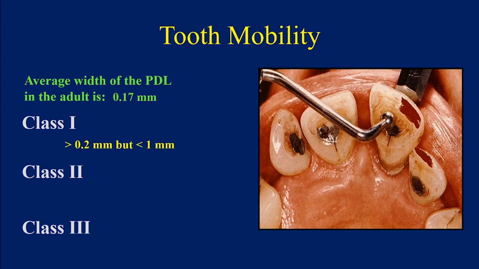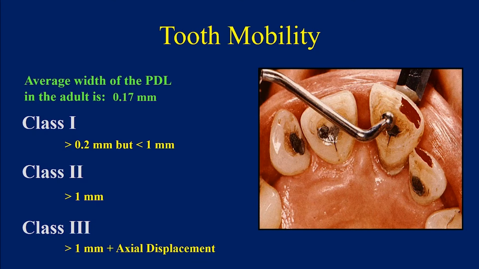Okay, so anything beyond that, so we'll say anything above 0.2, but less than a millimeter of movement, is going to be a class 1 tooth mobility, where anything greater than 1 we're going to classify as class 2. And the differentiating factor between a class 2 and a class 3 mobility is going to be this idea of being able to axially displace the tooth.